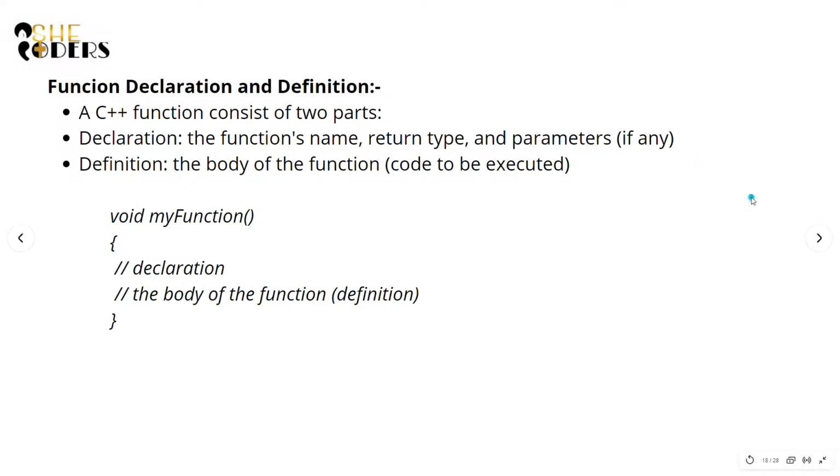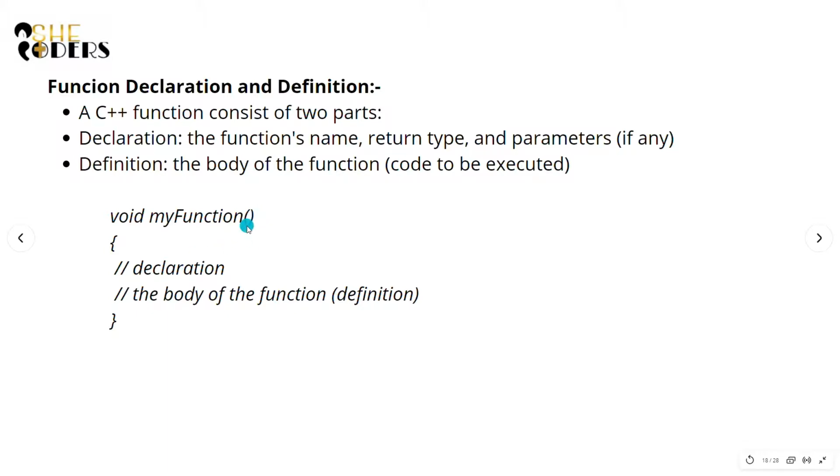So coming to the function declaration and definition part, a C++ function consists of two parts, that is declaration and definition. Here you can see in this piece of code, the function's name is my function and the return type is void. What it means is it is not returning any data type or any value whenever it is called.